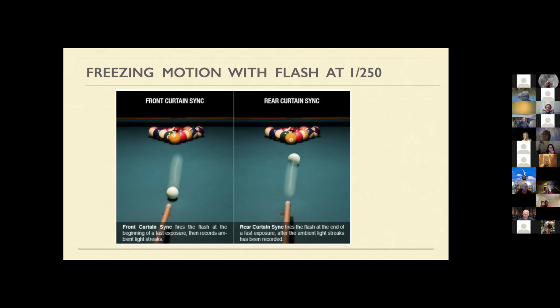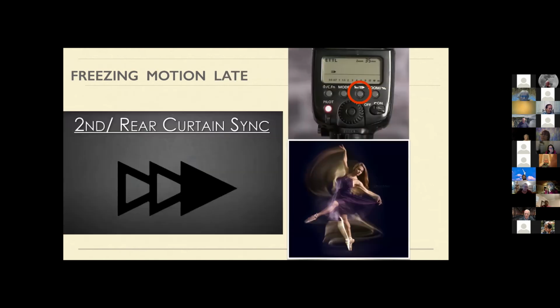Alternatively, the camera can set off something called rear curtain sync, and when you do that, you illuminate the action after it's happened. That's illustrated here on the two billiard balls. In one case, the ball is caught and its motion is tracked from the beginning. In the other case, the motion is tracked and the light is flashed and captures the ball at the end, something that's much more common.